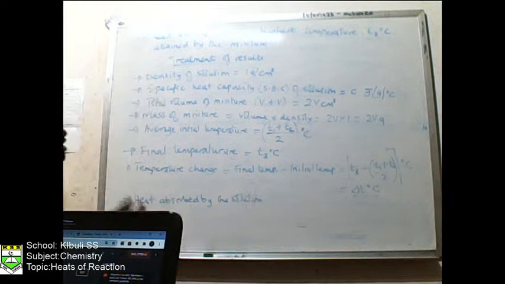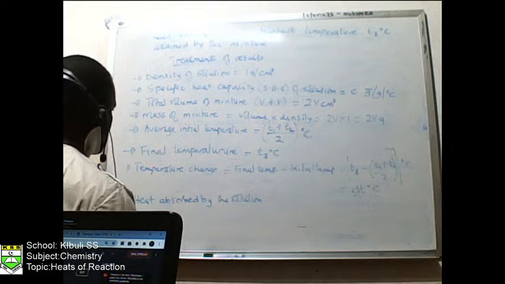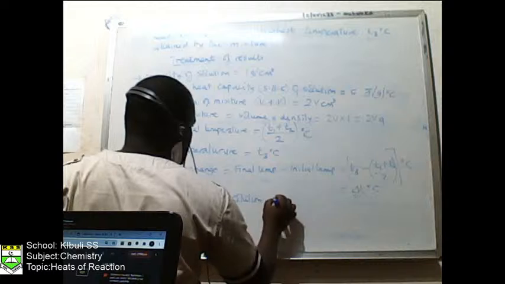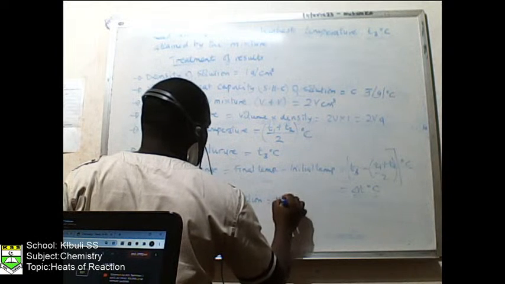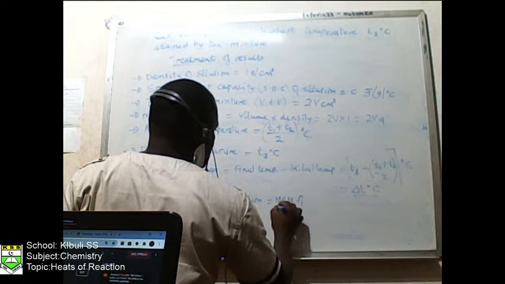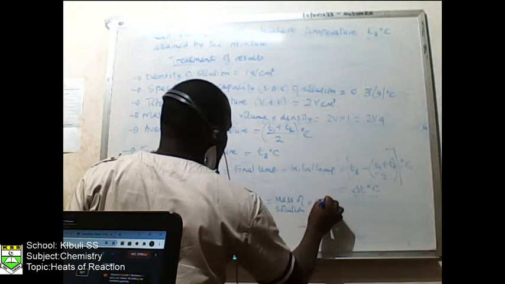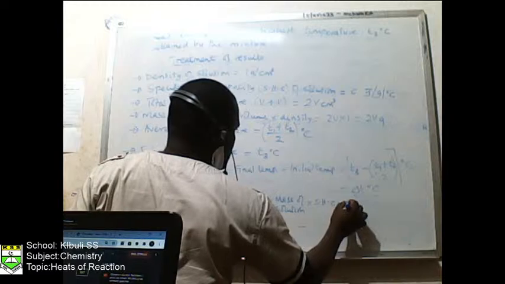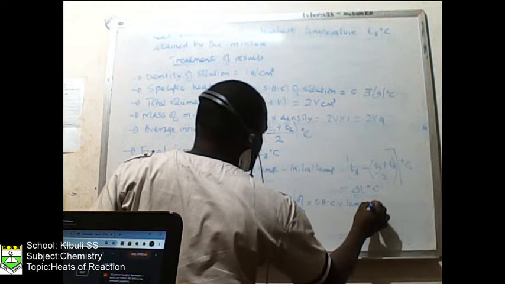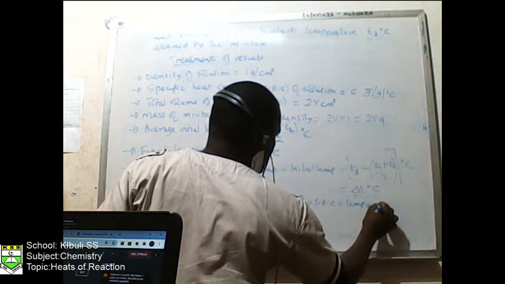Because the reaction occurred and the temperature rose, that rising occurred because the solution had absorbed some heat, and this heat is obtained by multiplying the mass of the solution times the specific heat capacity of the solution times the temperature change, or temperature rise.